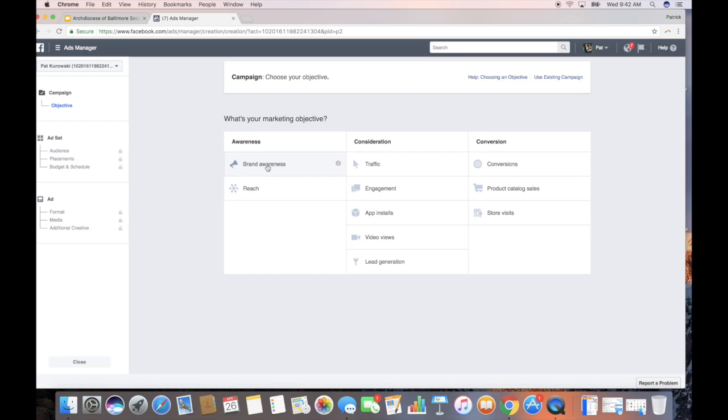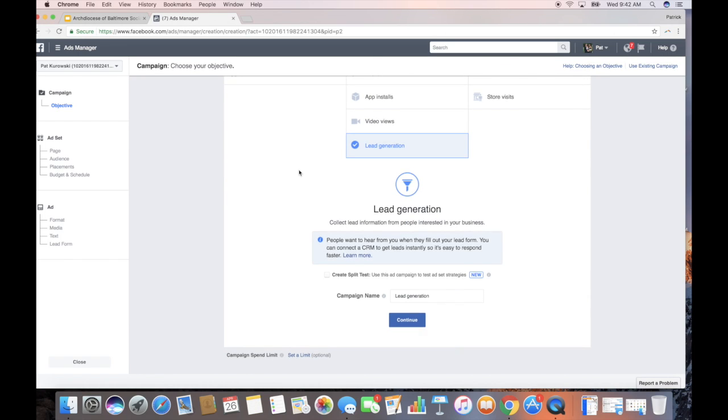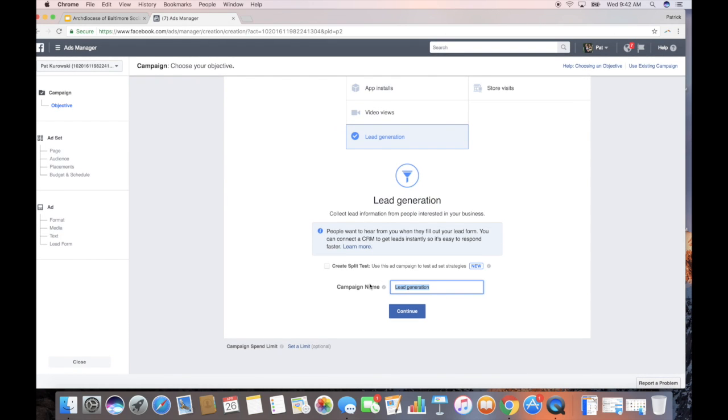In that case, we'll probably suggest that you just boost the post. But if you're looking for conversions, you should really focus on consideration and conversions. For an open house, you would always want to select lead generation because you want to start acquiring the people's contact information. So select lead generation. From there, you'll create the campaign name. So in our case, we'll say open house and hit continue.